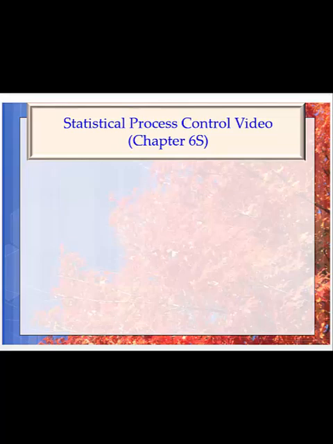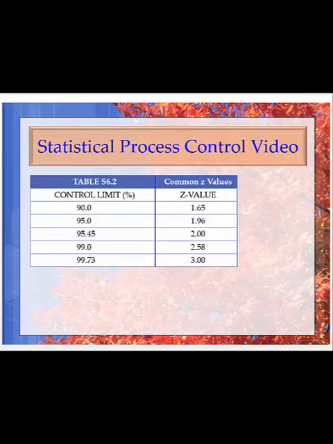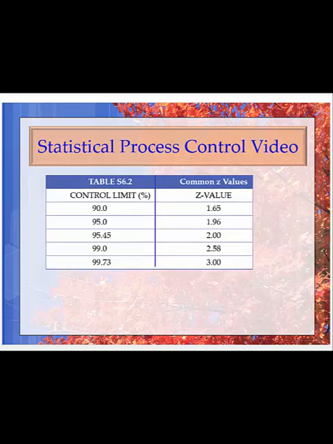Seems to me that the best way to do that would be to talk about this chart here that has some of the common control limits that we see in statistical process control. We talked briefly about this in class, but just to have this as a reference is a good idea, I think.